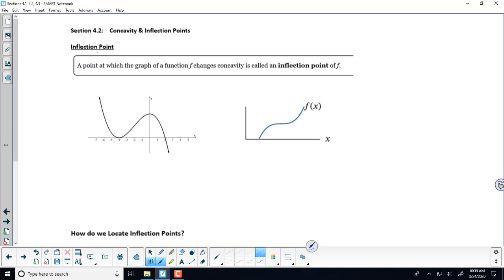For example, in this first one, I can tell that my graph is concave up, and somewhere in here it changes to be concave down.